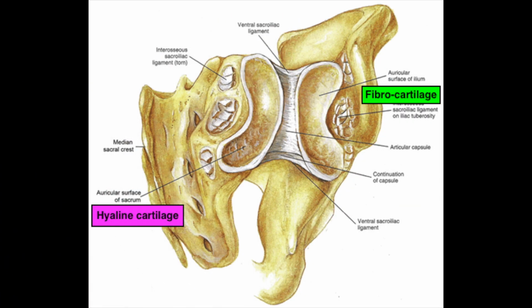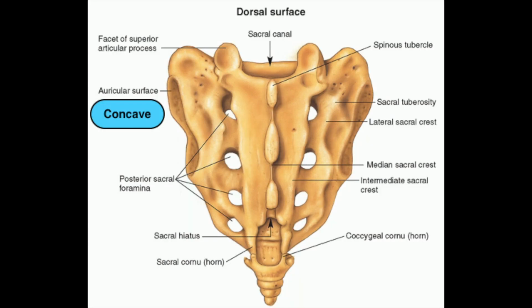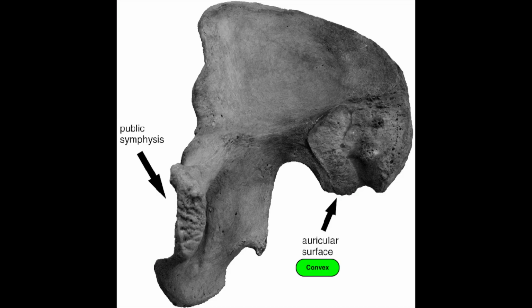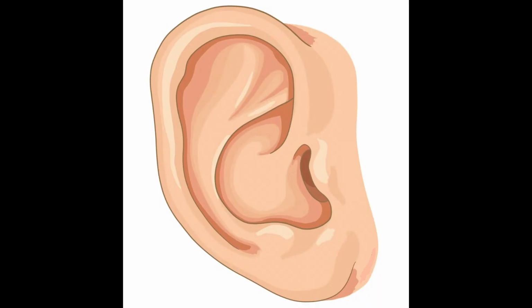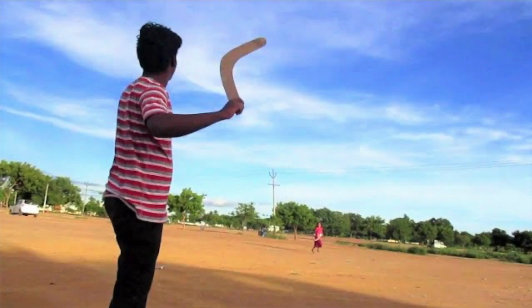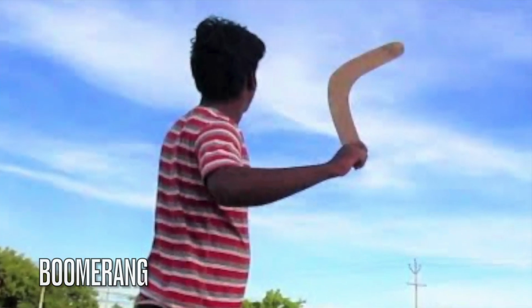Now in the sacroiliac joint, of the two reciprocating concavo-convex surfaces, the articular surface of the sacrum has a slight concavity and the articular surface of the ilium has a slight convexity. That provides a better grip, and the shape of the two reciprocating articular surfaces is either L-shaped or auricle shaped. So we call this the auricular surface, or boomerang shaped.